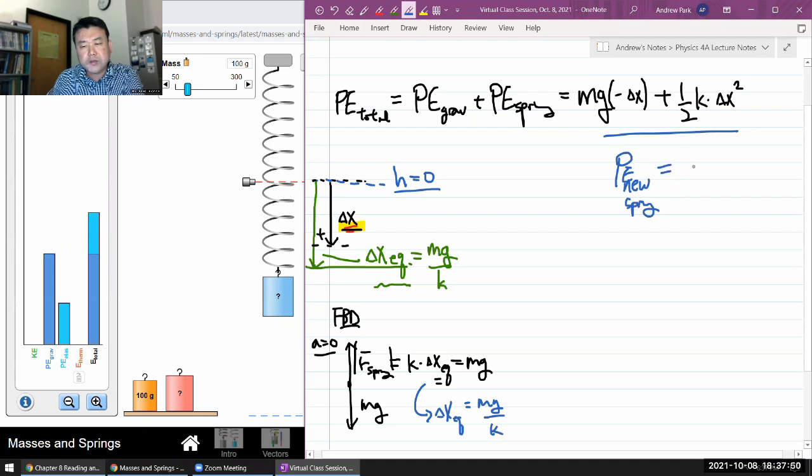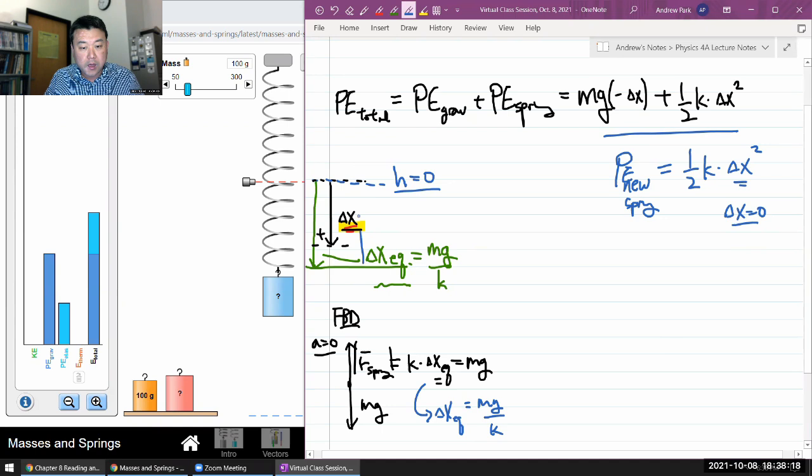And originally I was saying, hey, I want this to be k times delta x squared. But if I think about it more, I don't think I want that. Because where I want my spring potential energy to be 0 is not where delta x is equal to 0. Up here, that's not where my new spring potential energy would be 0.